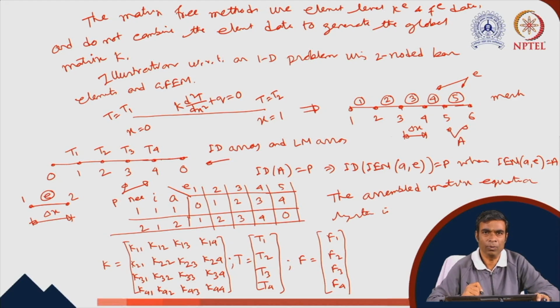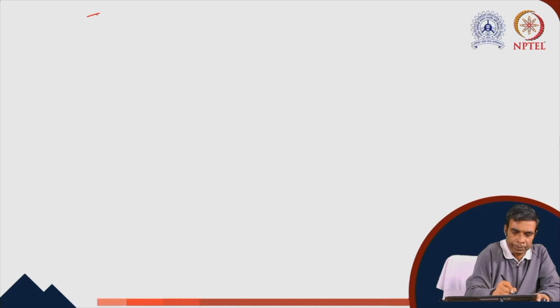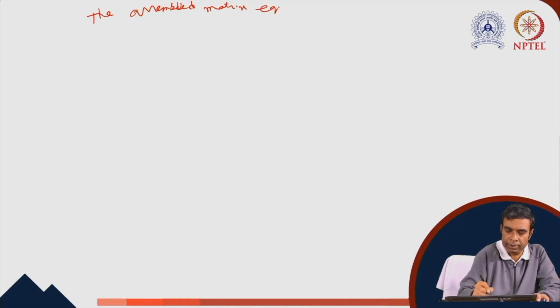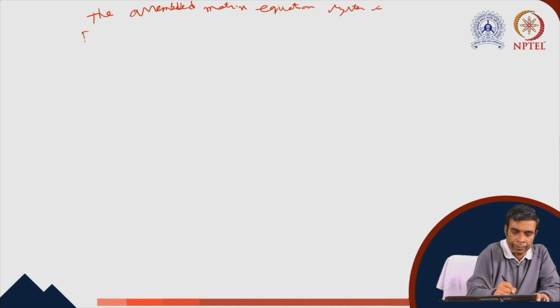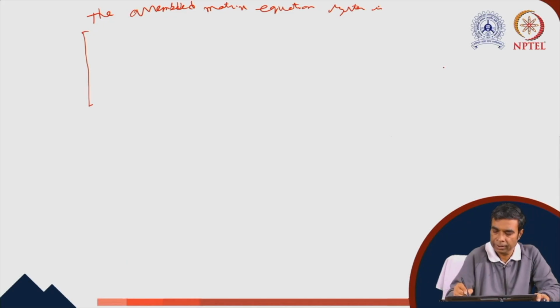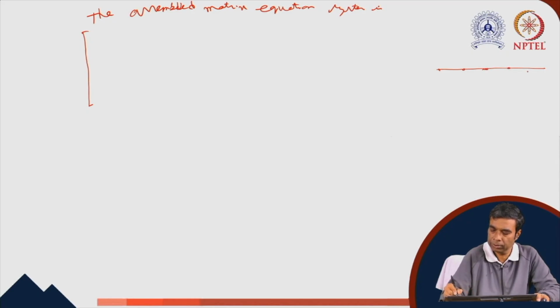So here, now we write the assembled matrix equation system. So our first term is K11. So let us go to the mesh with 6 nodes.